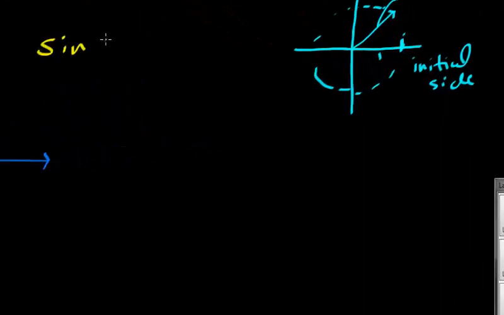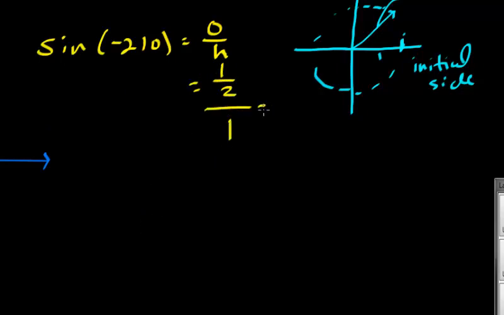We've talked about it many times. Sine of negative 210 would of course equal opposite over hypotenuse. This is just SOHCAHTOA again. Opposite would be 1/2. The hypotenuse would be 1. And remember, this is negative here. I want to make sure I put that on there. This would here be positive. So this would be 1/2 divided by 1, which is of course just 1/2.